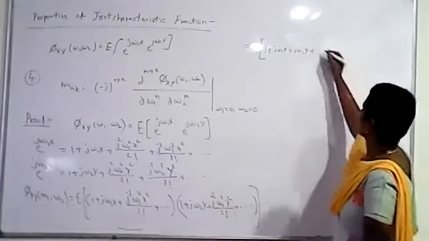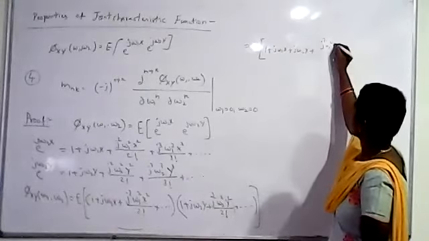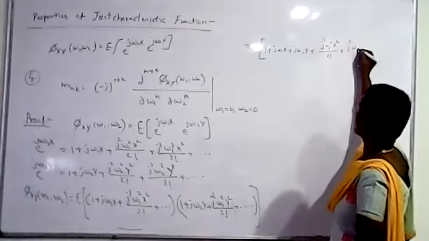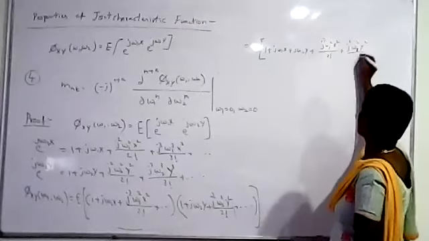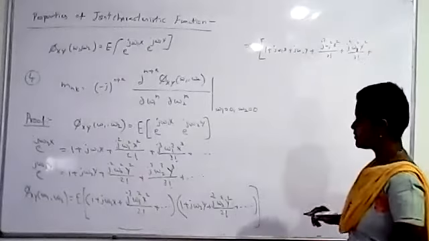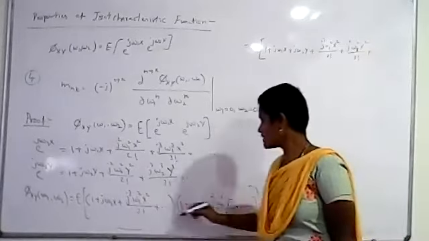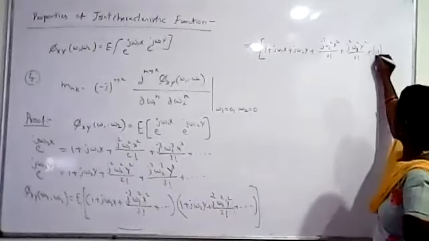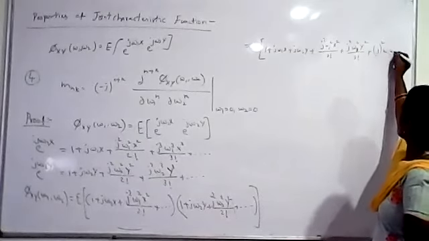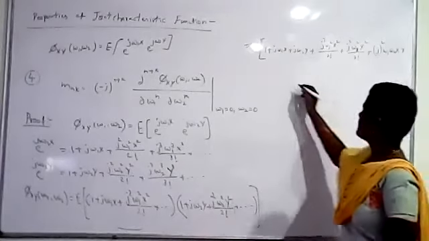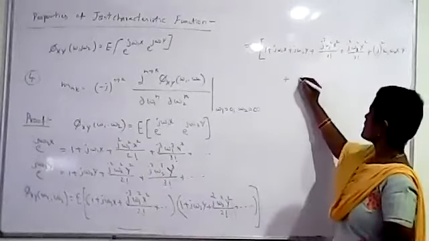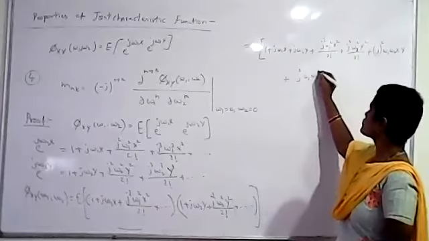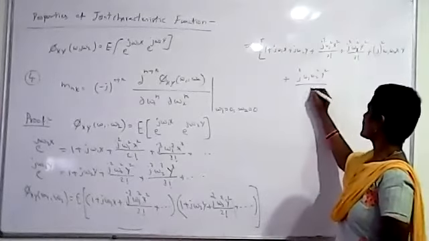Then j square omega 1 square x square by 2 factorial, j square omega 2 square y square by 2 factorial, plus, multiplying j omega 1 with j omega 2, we get j square omega 1 omega 2 xy, plus j cube omega 1 omega 2 square x y square by 2 factorial.